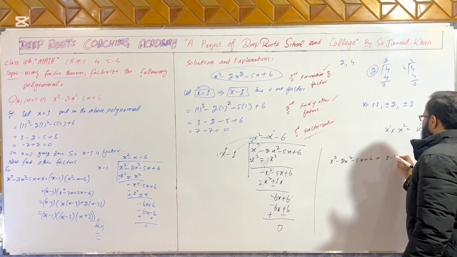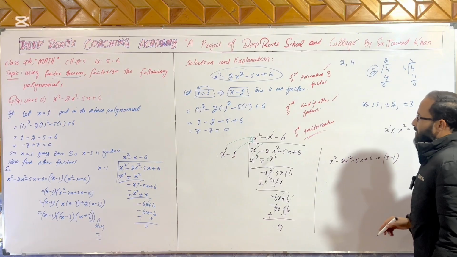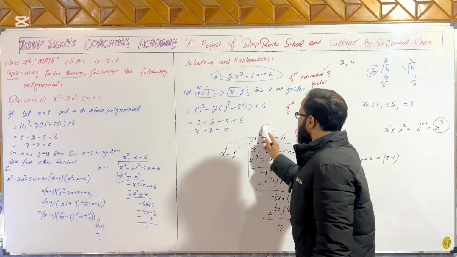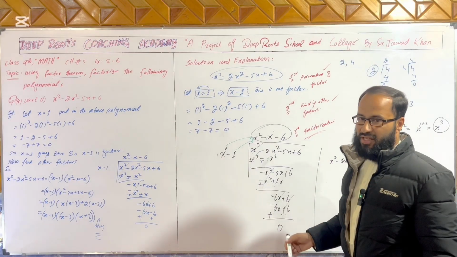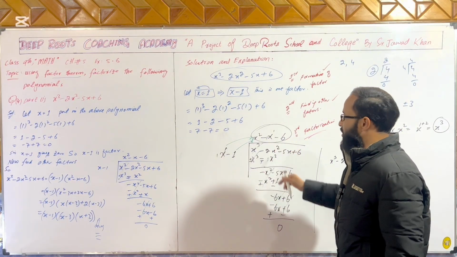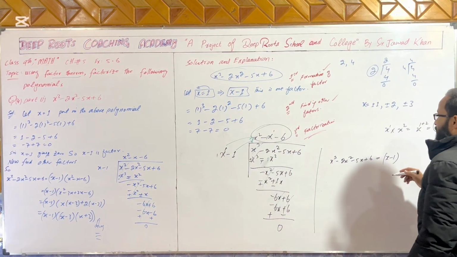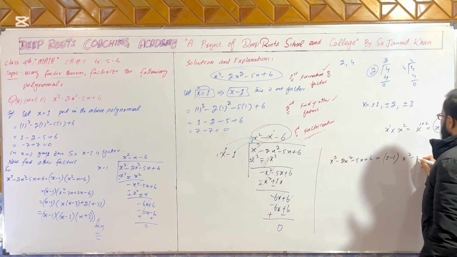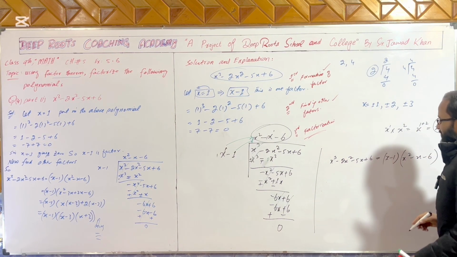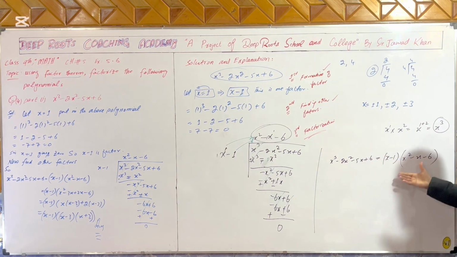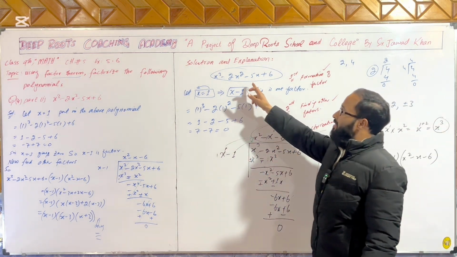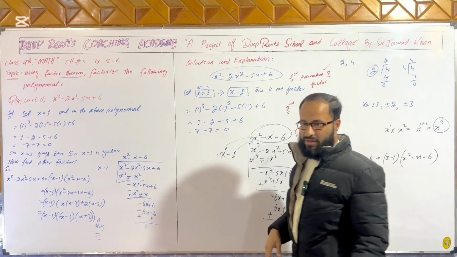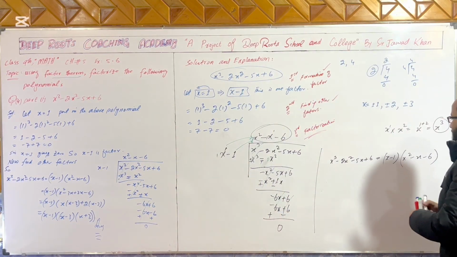The first factor is x minus 1, and the other will be the quotient of the division process. So the quotient is x square minus x minus 6. Now here we will do the factorization. So this polynomial will be factorized.